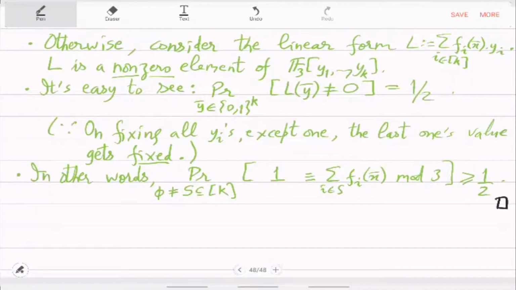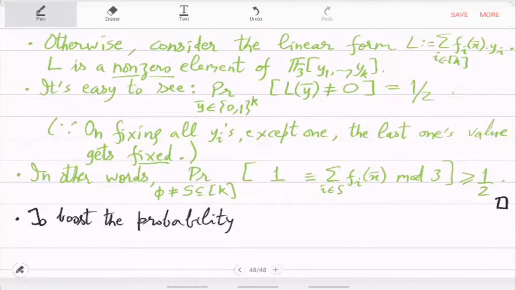Okay, but this success probability is only half, right? We want to boost it. So to boost the probability, we pick many subsets S1 to SL, subsets of 1 to k.